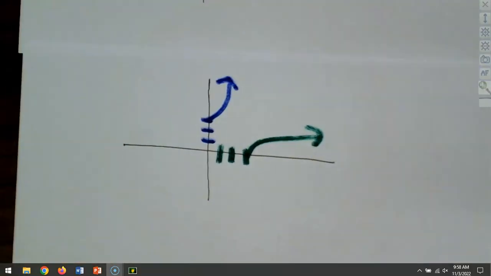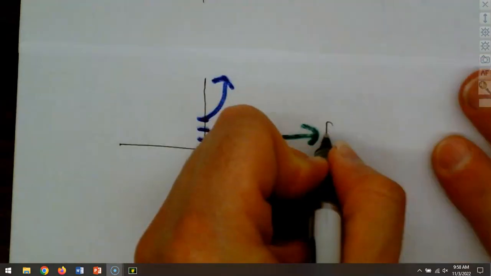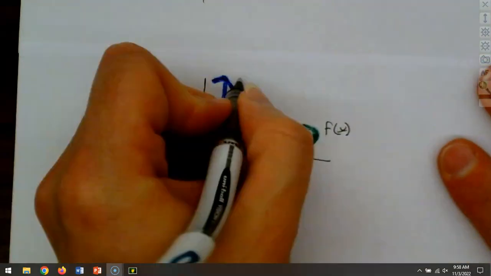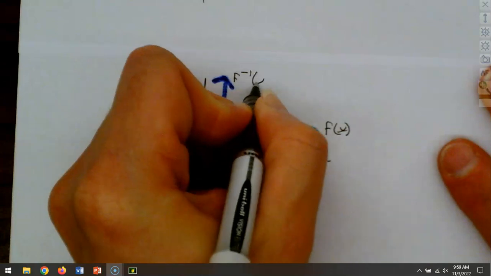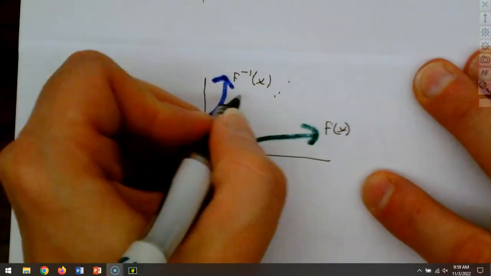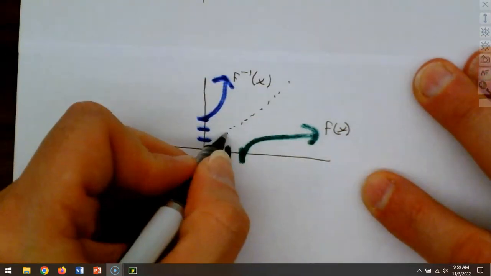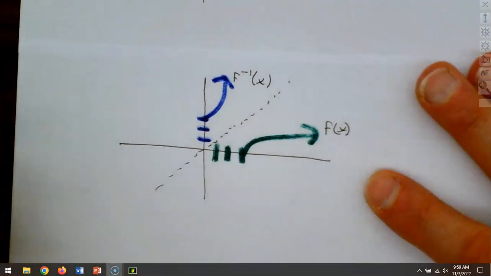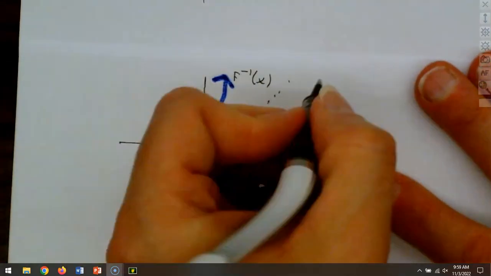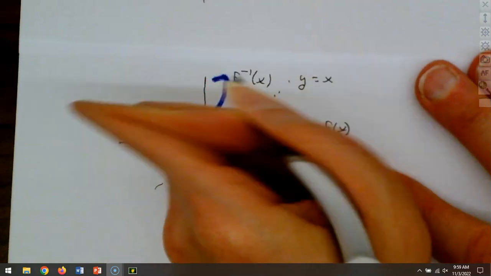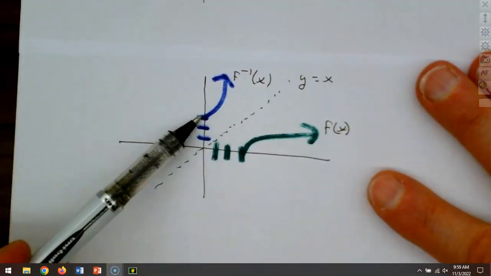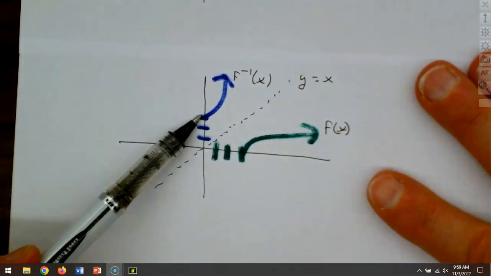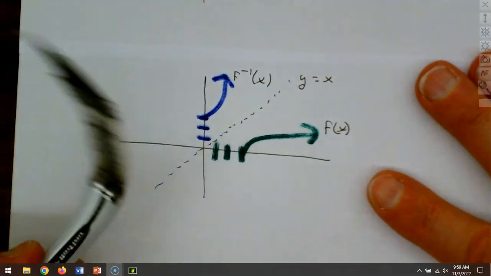So we have two graphs here, and these are inverses. So this one would be f of x, and this one would be f inverse of x. Now these are inverses of each other because if I draw that line y equals x, I should be able to fold one graph over and get the other, right?